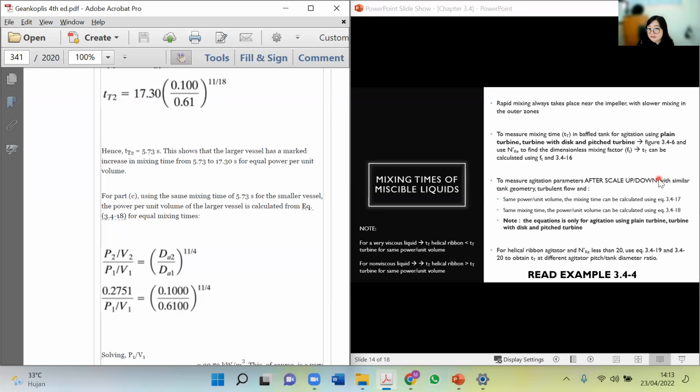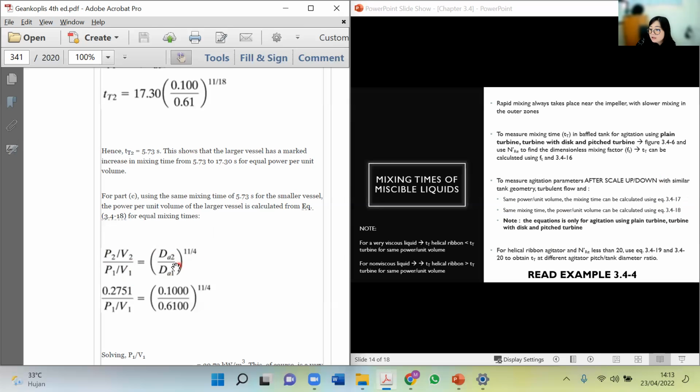We know that the NRE is in the turbulent region, and with the same mixing time, we are asked to calculate the power per unit volume ratio. So we can use equation 3.4-18, the one that I'm pinpointing right now.